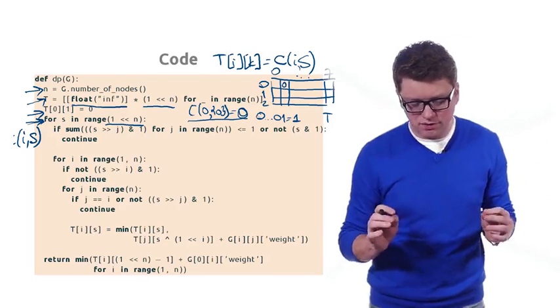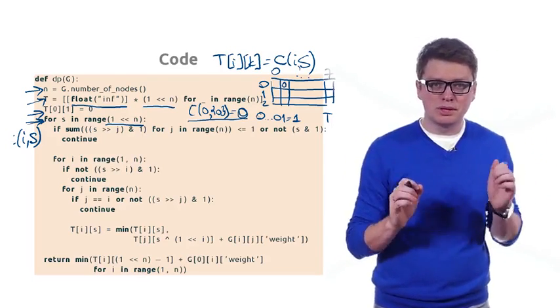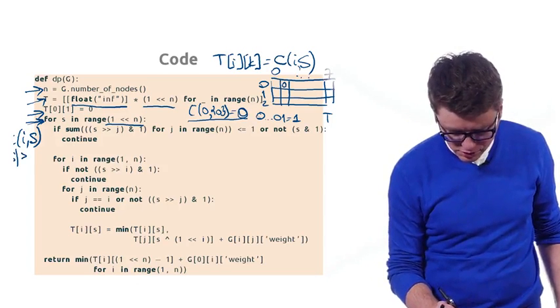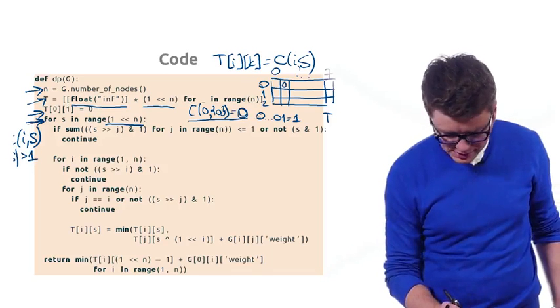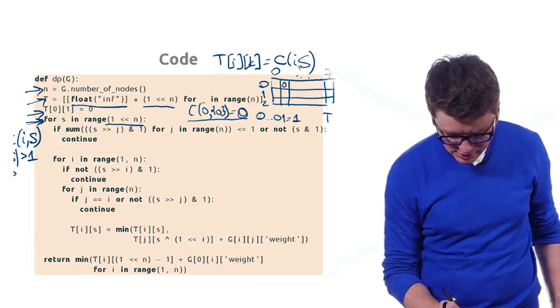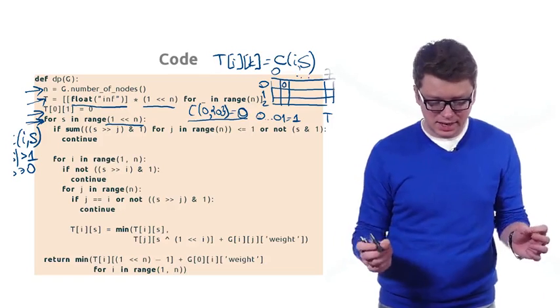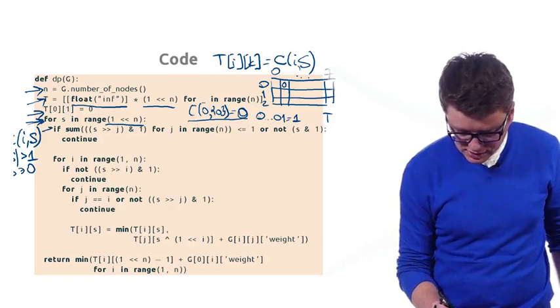First of all, we need to compute it only when the size of S is greater than 1 and only when S itself contains the element 0. This is exactly what we check in this line.